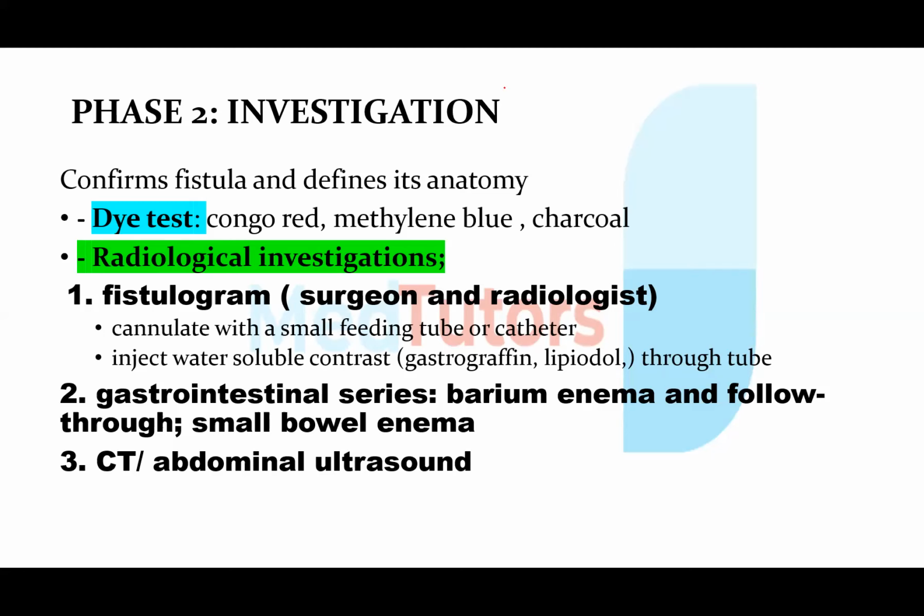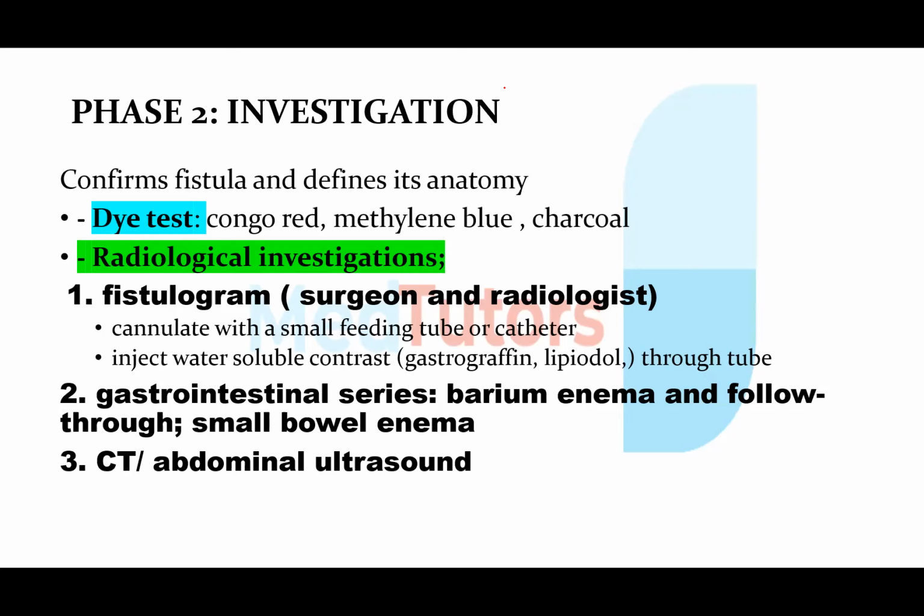So phase 2, you want to define the anatomy by first confirmation. Is this even a fistula or a differential like an intra-abdominal abscess? So when you do a dye test, number 1, you confirm that, yes, this is a fistula. Then you go ahead to do a radiological investigation.